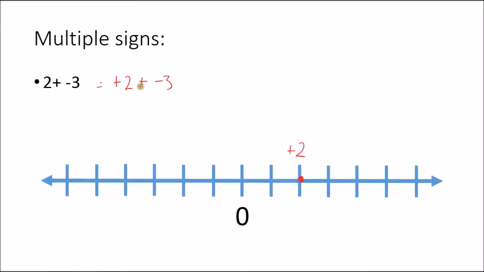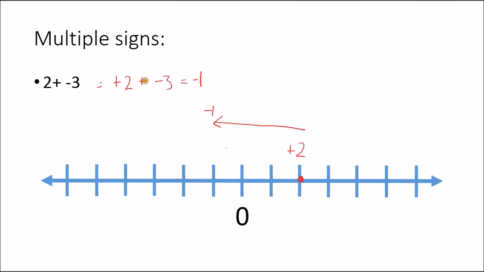Now we're being told to add minus 3. Minus 3 means that we're going to go down in that direction. If we're adding minus 3, effectively it's the same as subtracting 3. So we're going to go down 3, and we'll end up in this case at minus 1.